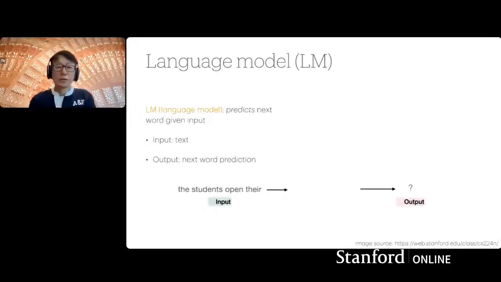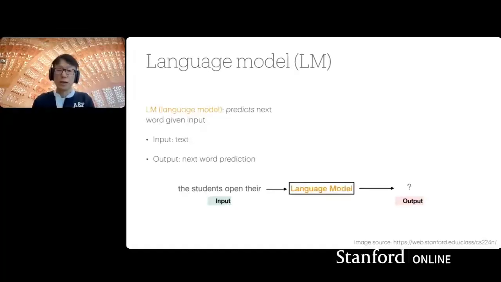So a language model is a machine learning model that predicts the next coming word given the input text. As in this example, if the input is "the students open there," then the language model can predict what's the most likely word coming next.